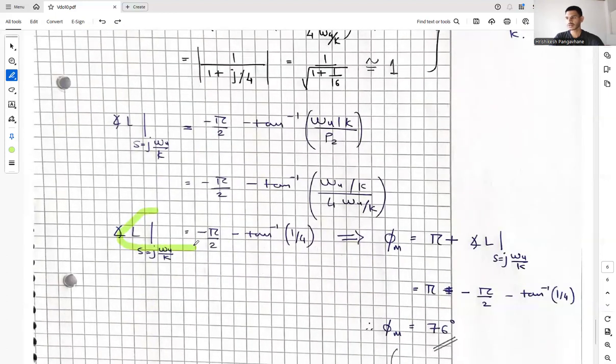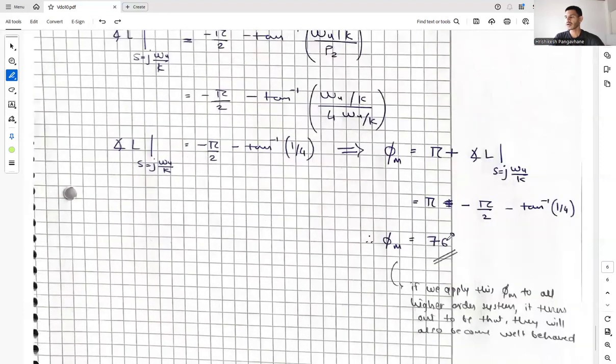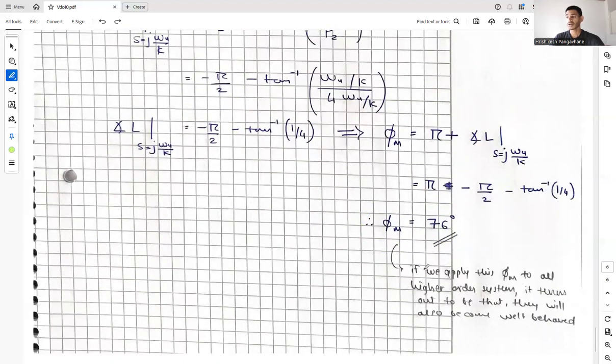After calculation, we get -π/2 - tan⁻¹(1/4), and we know that phase margin is nothing but π plus the phase of loop gain at s = jω, where ω is ω_u/K. Therefore our phase margin comes to be 76 degrees.